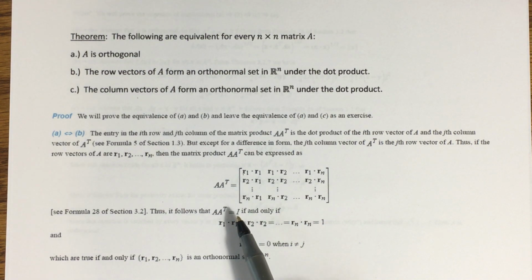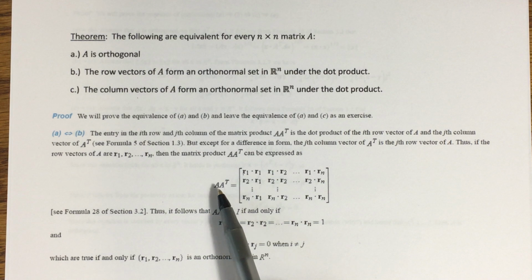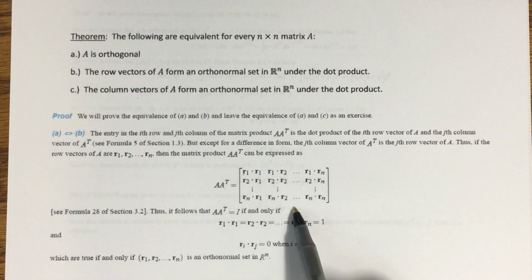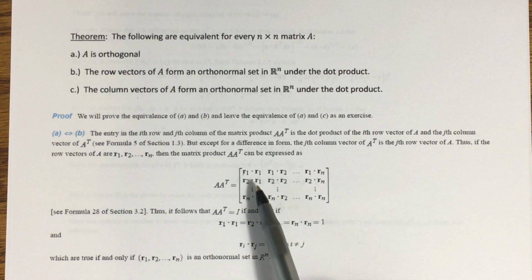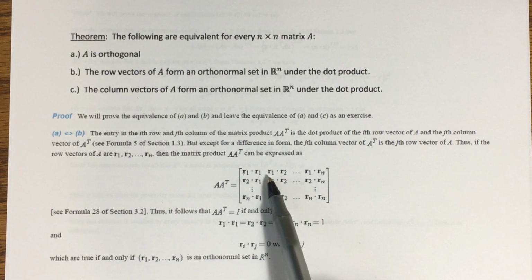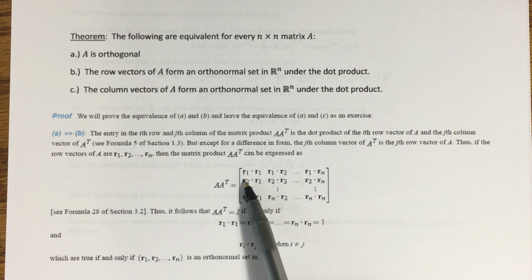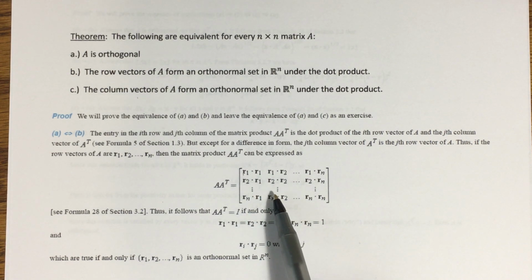Now, here's where we use the assumption that A is orthogonal. We know from orthogonality that A times A transpose will equal the identity matrix. So this should come out to the identity matrix, which means any main diagonal entry is equal to 1. R1 dotted with R1 is equal to 1, R2 dotted with R2 is equal to 1, and so on.